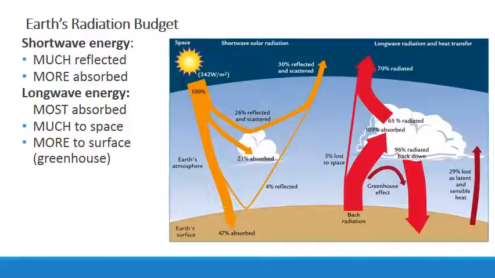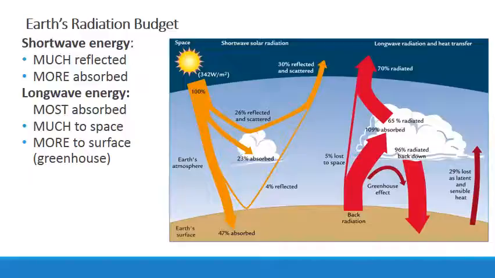Looking at the red arrows on the right-hand side of the image, you'll see the cascade of long-wave energy that comes from the Earth. Everything that has a temperature emits heat. Planets, people, everything. The Earth emits 117 units for every 100 units of incoming solar energy.